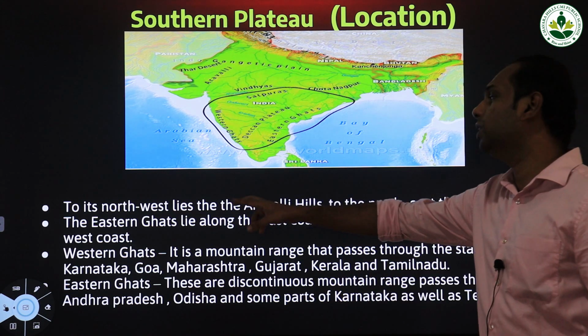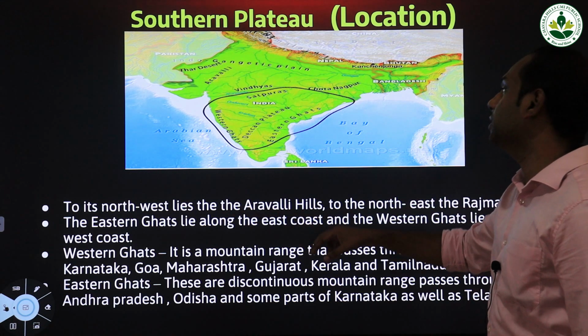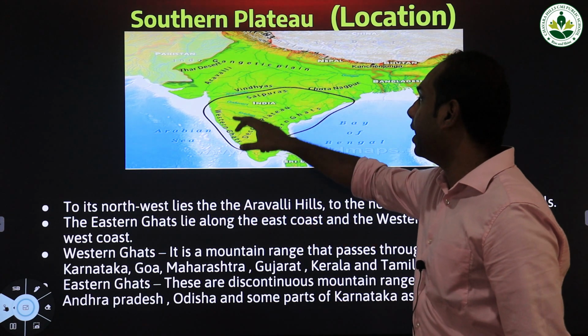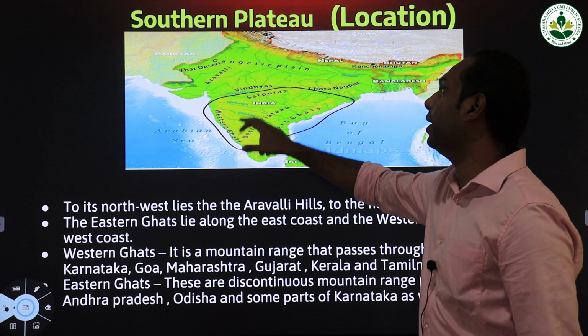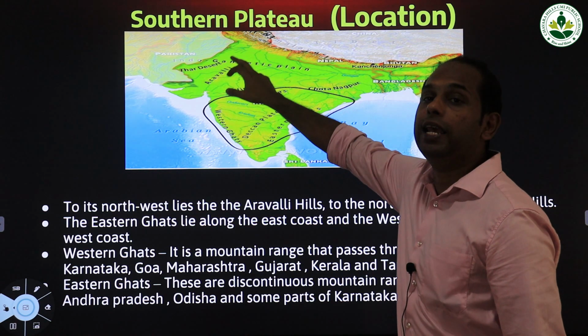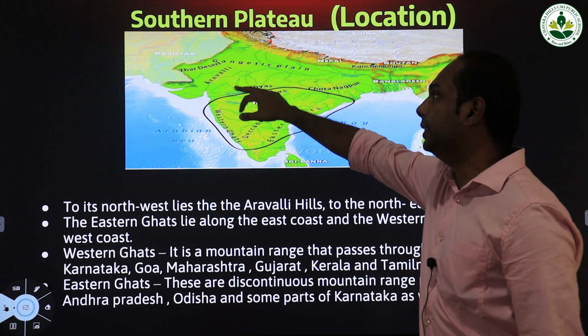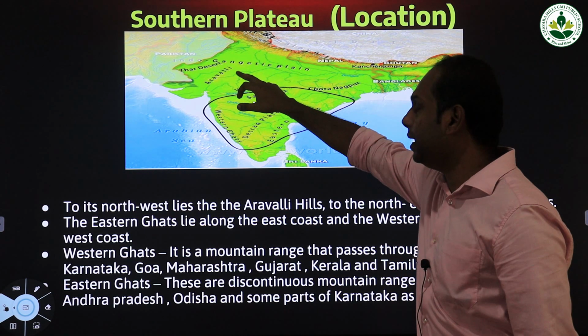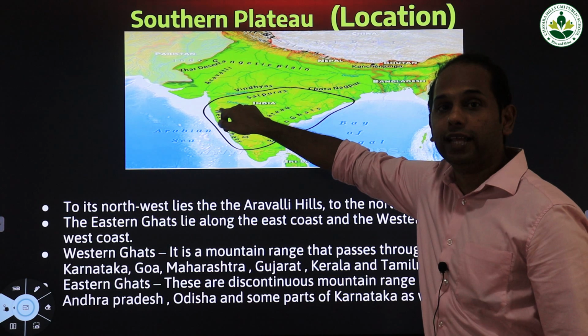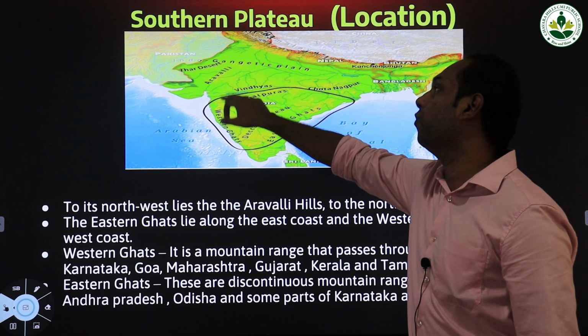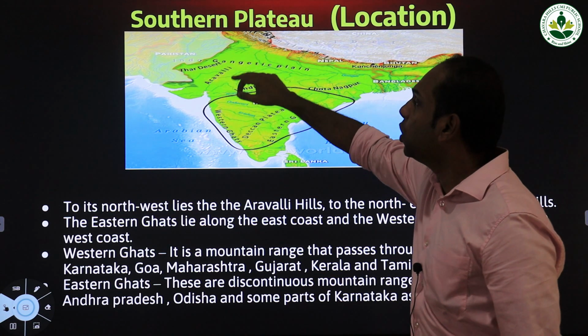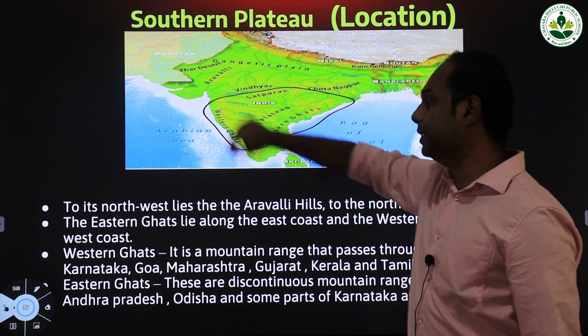In the northwest lies the Aravalli Hills. The northwest side of the Southern Plateau, we can find what? Aravalli Hills. And this is one of the oldest mountain ranges in India. It is called Aravalli Hills, and it is also located where? In the Southern Plateau of India. It is located in the northwest part of India.